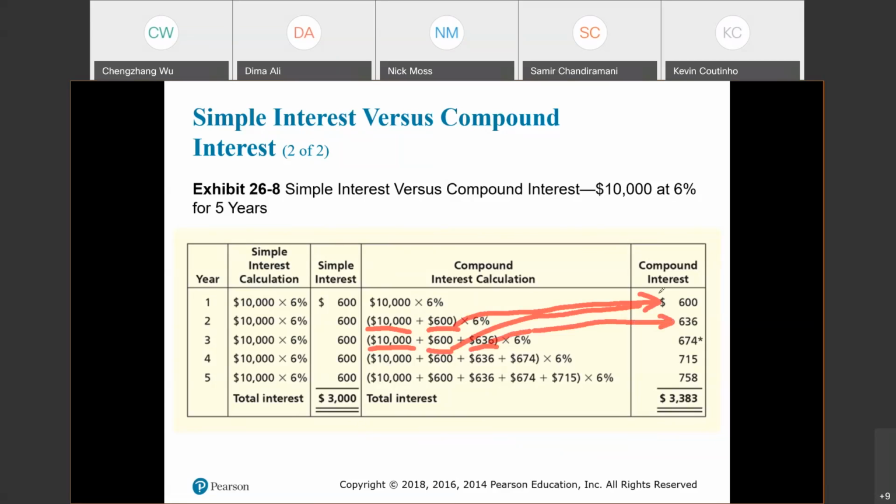Well, in fact, most investments use compound interest instead of simple interest. So we would like to assume compound interest is used for the rest of this chapter.